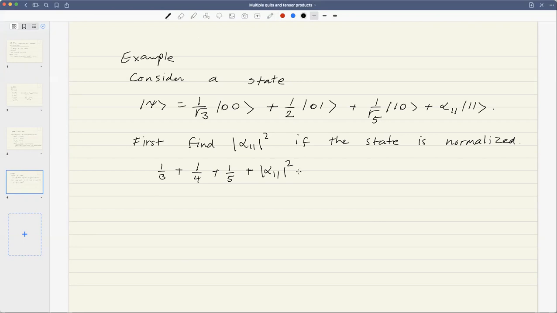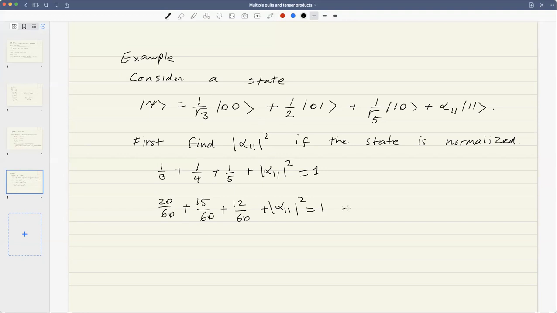So I set that equal to 1. Let's just do the algebra. I guess the common denominator is 60. So 1/3 is 20 over 60 plus 15 over 60 plus 12 over 60 plus alpha 1, 1 quantity squared is 1. This is going to be 20 plus 15, 35, plus 12, 47.